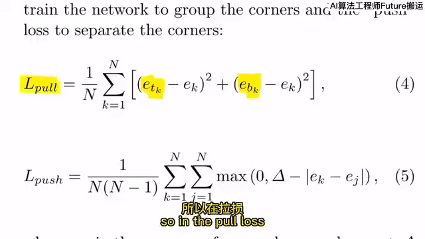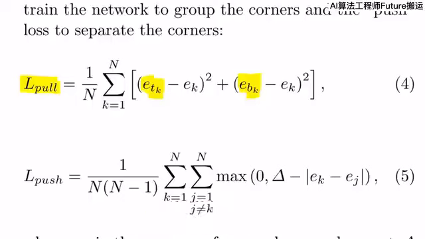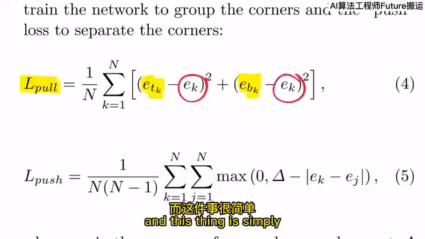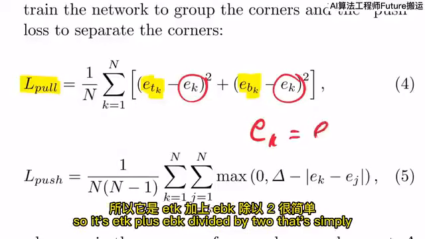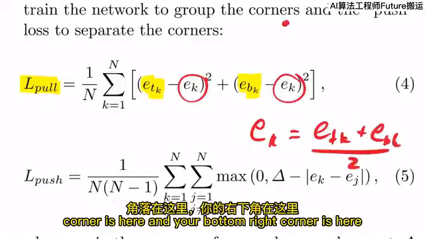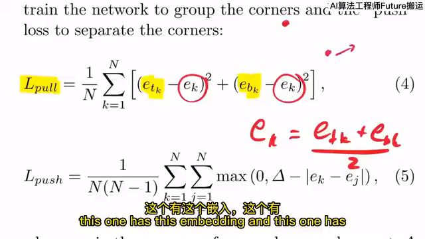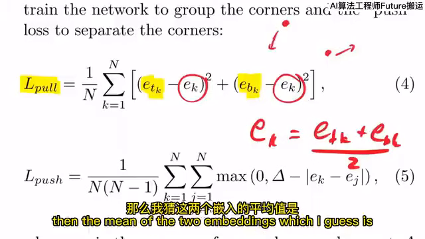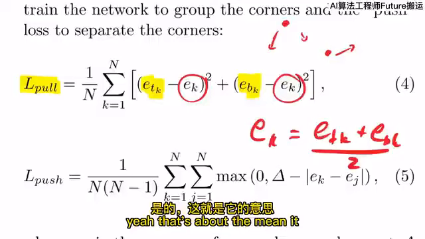In the pull loss, what you want to do is minimize the distances of these two things to this thing right here. And this thing is simply, so e_k is simply the mean, so it's e_tk plus e_bk divided by 2. That's simply, if your top left corner is here and your bottom right corner is here, and they have embeddings, this one has this embedding and this one has that embedding, then the mean of the two embeddings is about this right here.